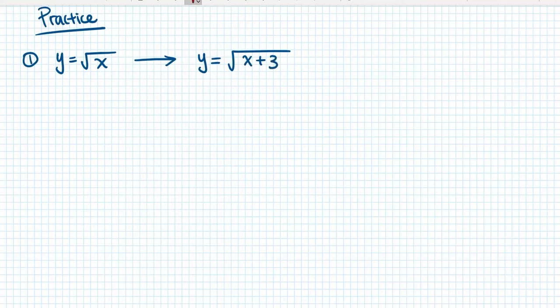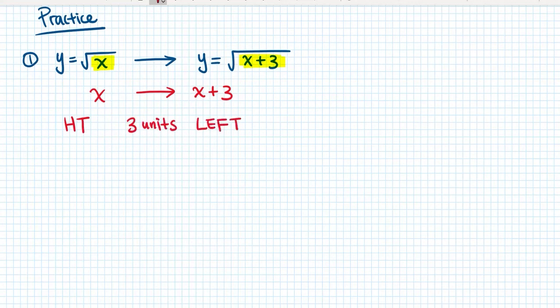So y is not changed, so only the x value is changed. So that means horizontal translation is happening because 3 is added to the variable x. So x is changed to x plus 3. So we know that is horizontal translation, 3 units. Positive is added, then we're going left side.